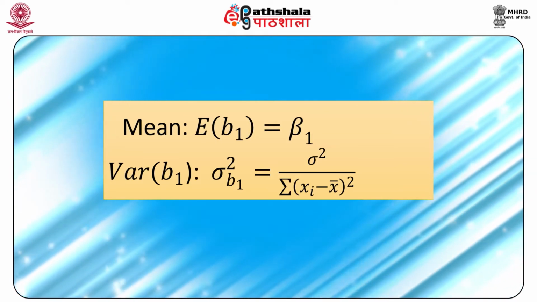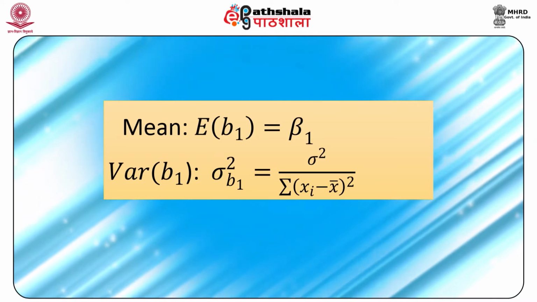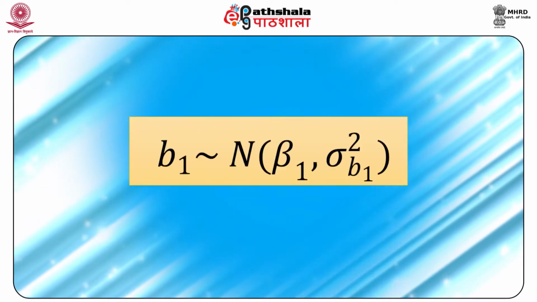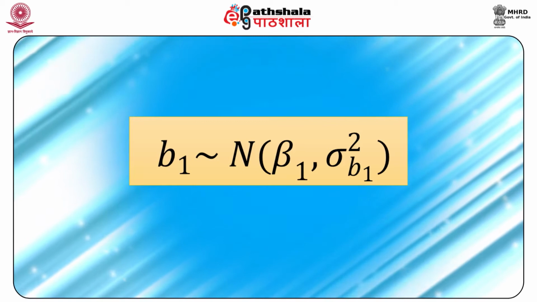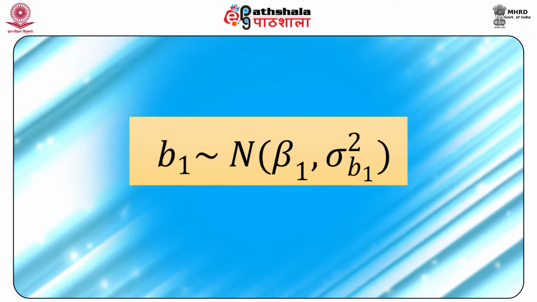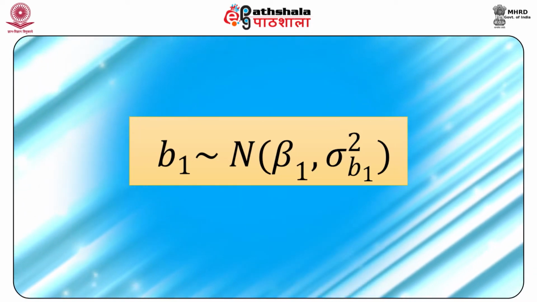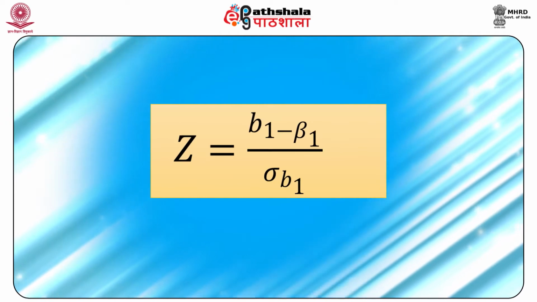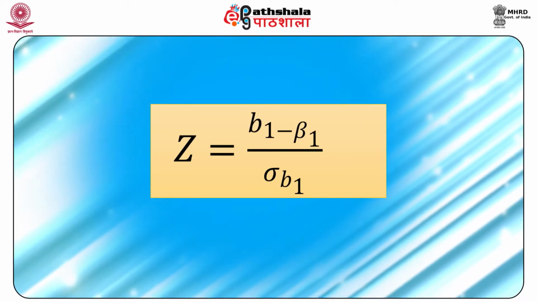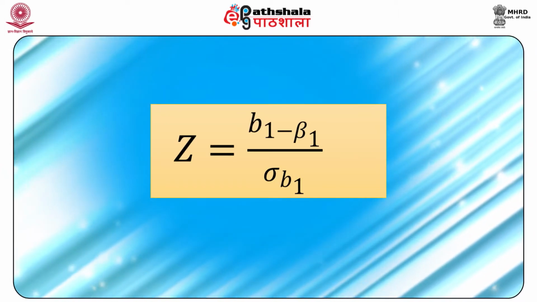I am sure you are familiar with these results which we have discussed in our earlier modules also. In a more compact form, this can be written as B1 distributed normally with mean beta 1 and variance sigma B1 square. Then the variable z, defined as z equal to B1 minus beta 1 upon sigma B1, also follows the standard normal distribution.